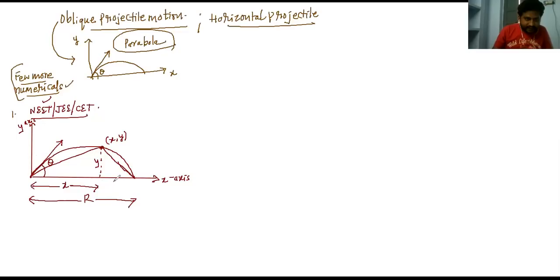This is the range of the projectile. It is x and the remaining distance is R minus x, my dear students. So this is the base angle alpha, and there is another base angle which is beta. Now, what is the question?